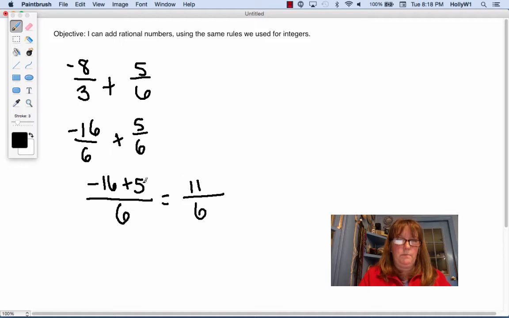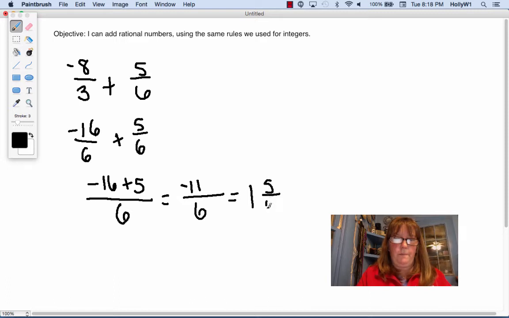But remember it's negative, because the number with the largest absolute value is negative 16, so the answer is negative. Now we want to convert this to a mixed number, so 6 goes into 11 once, with 5 left over, and it is still negative.